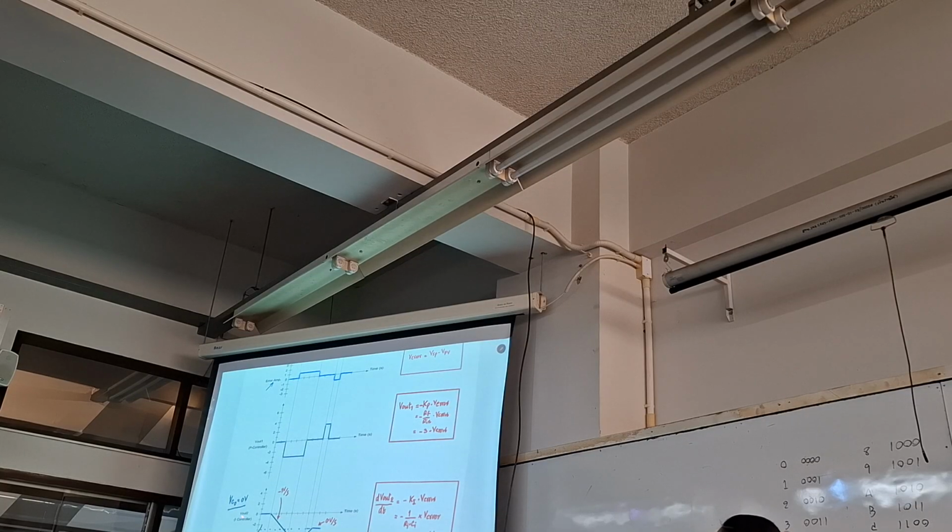So for example, if you have the starting point at 0 volt, you continue at 0 volt. But in this case, if we say V0 is equal to 1 volt, you will have something like this. Do you understand? It also depends on the previous voltage.